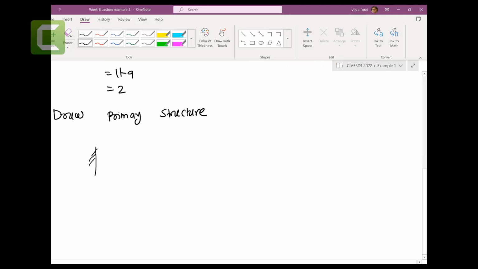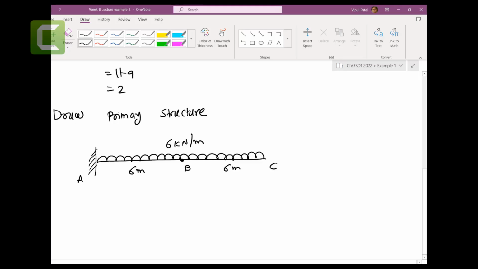So the structure becomes like this. This is your primary structure because you need to remove 2, and that is 6 kilonewton per meter. And the total length is, let's say there is an additional point, let's put the additional points A, B and C. There are 6 meters here, 6 meters here.